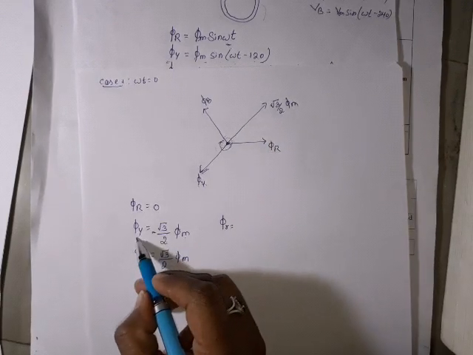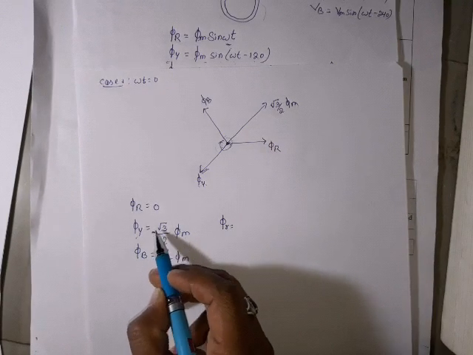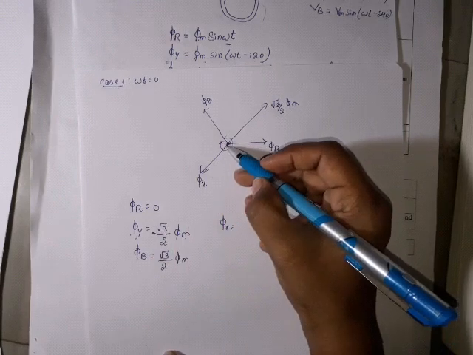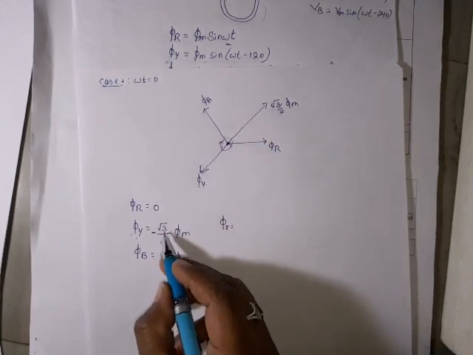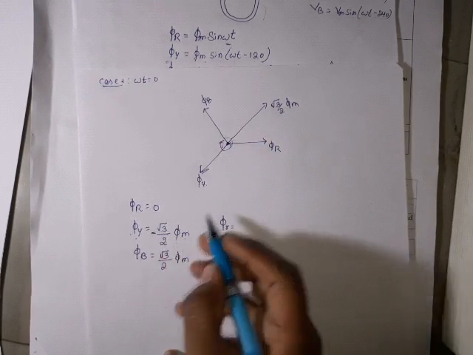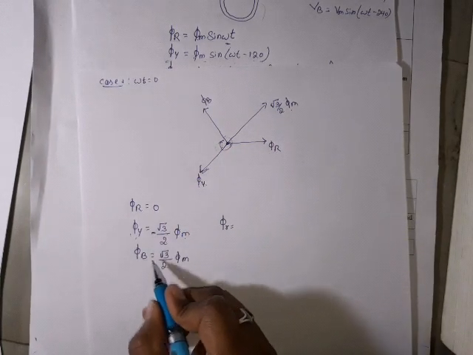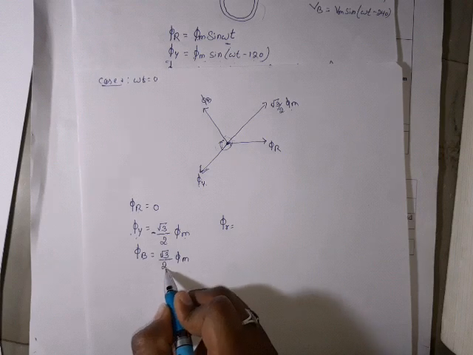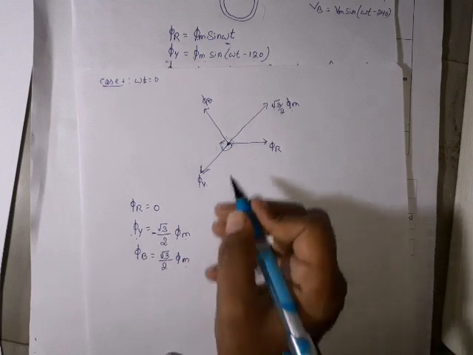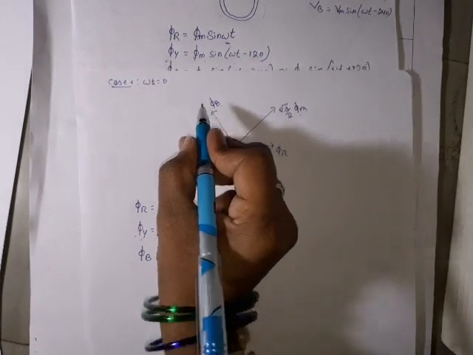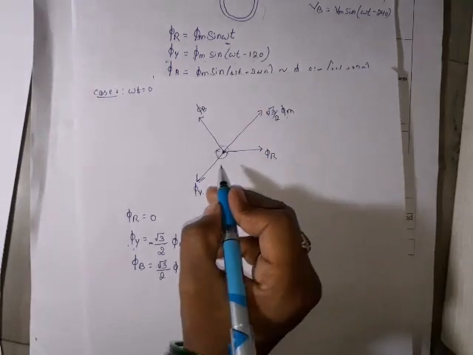So what is the value of phi y? Phi y is negative. Negative of phi y means opposite direction. And what is its amplitude? Root 3 by 2 times phi m. Right? Then what is phi b? Phi b is root 3 by 2 times phi m, positive. So here we have phi b, that is phi m sin omega t minus 240.